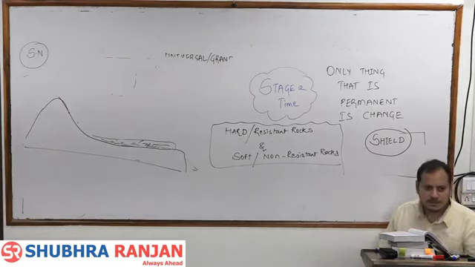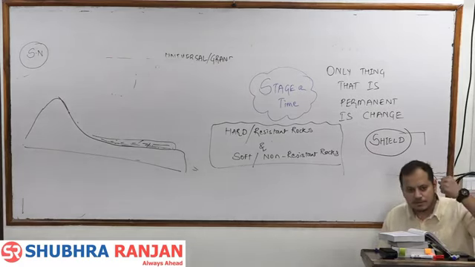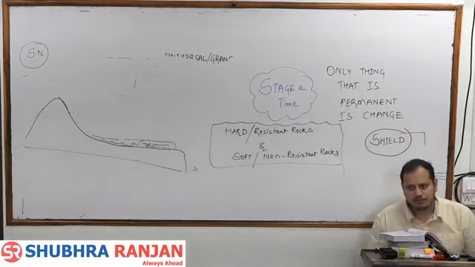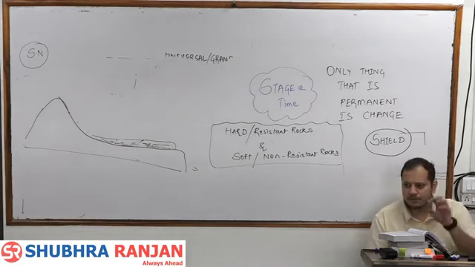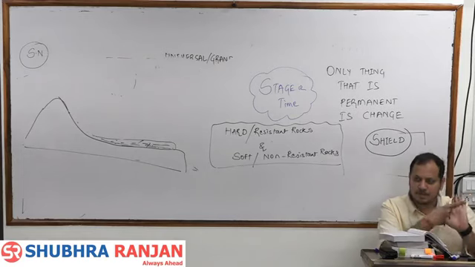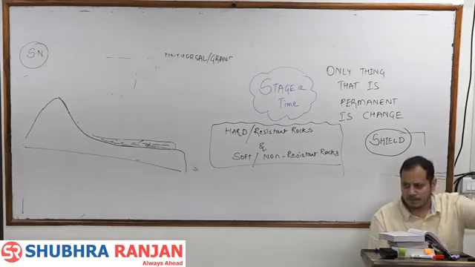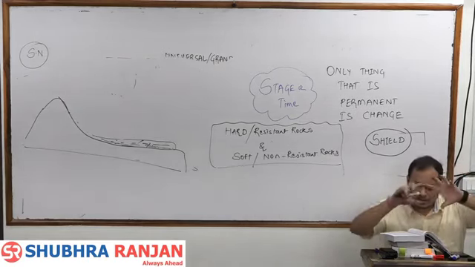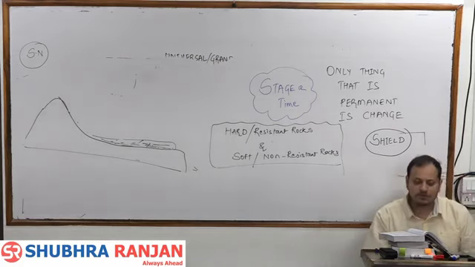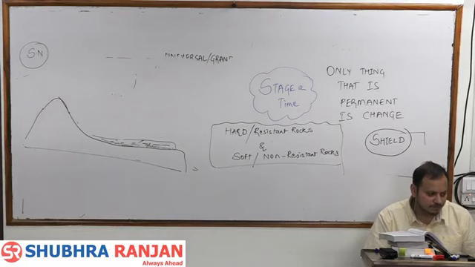Shield means dhal in Hindi, which you used to protect yourself from the sword in the battle. Peninsular plateau is an example of shield. In the world there are only a few shields. One is Australia, one is Peninsula, one is Africa, one is Brazil, and others are Canada and Siberia. These are the major shields of the world, the oldest rocks of the world.